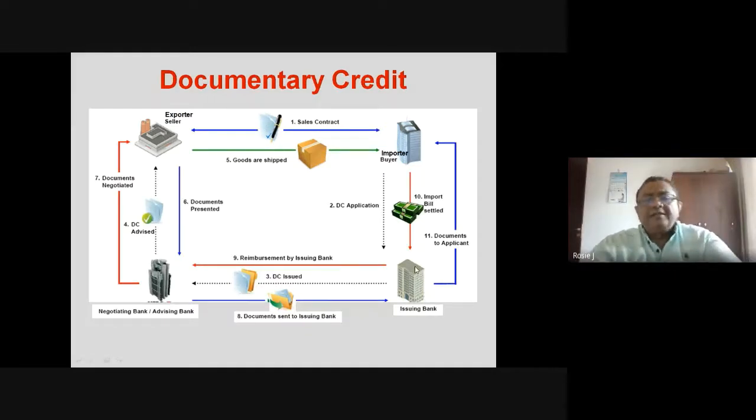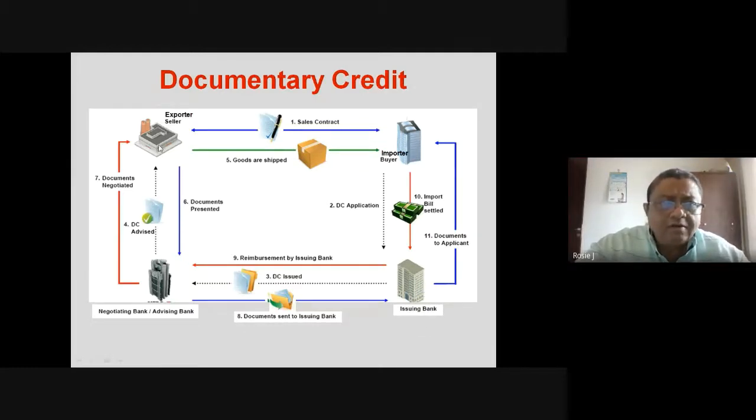Therefore, in this LC, the LC contract or DC contract is between the issuing bank, usually the importer's bank, and the exporter. That is the contract. So the exporter is performing absolutely on the assurance of the issuing bank, not on the importer.